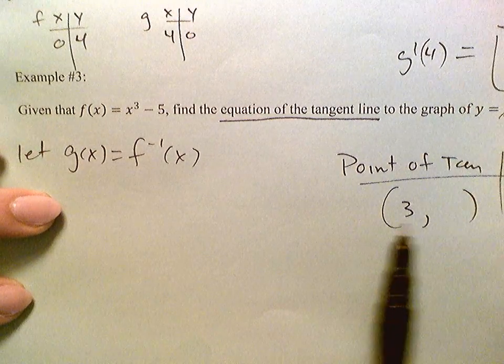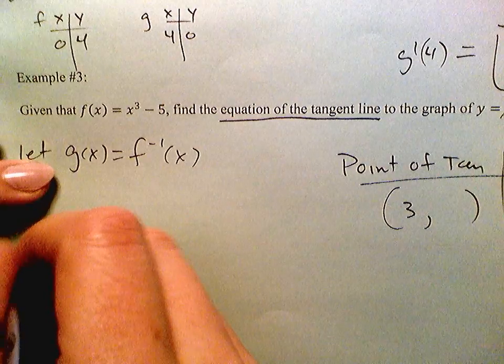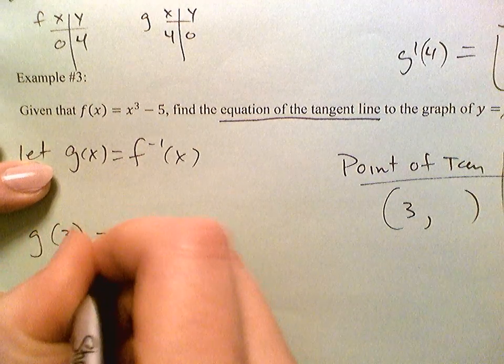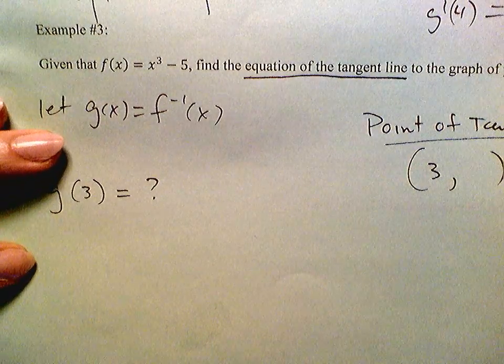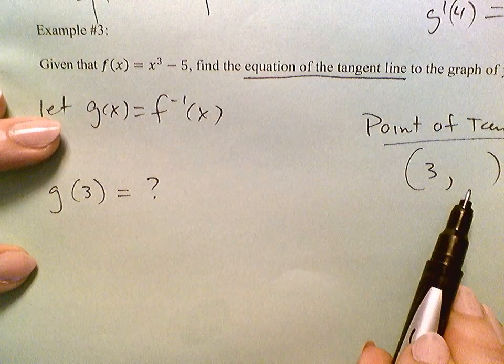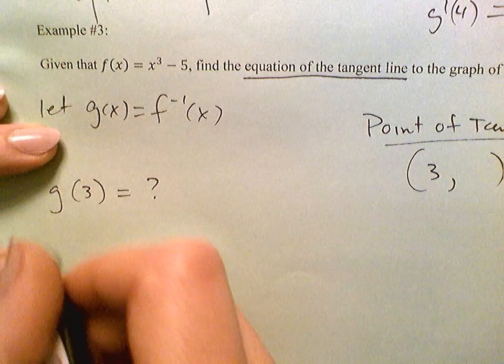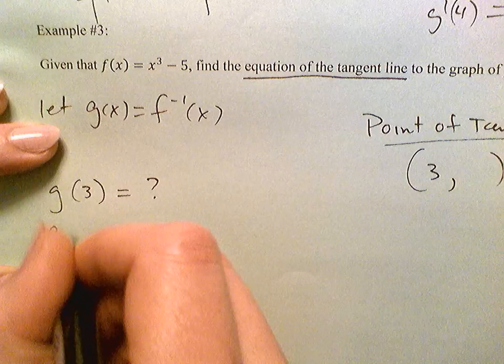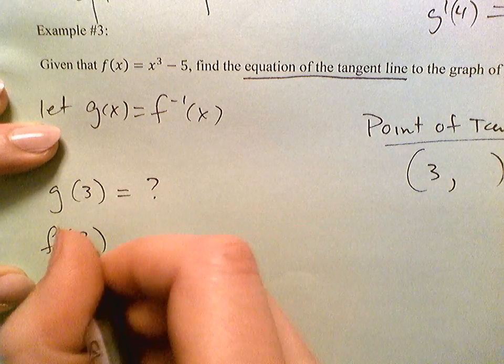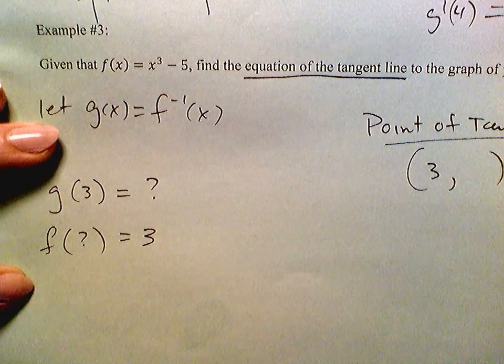So we want, all right, g of 3 equals what? How could we figure this out? Because that's what we want there. We'd figure it out by using this property of inverses. f of whatever that is going to equal 3.